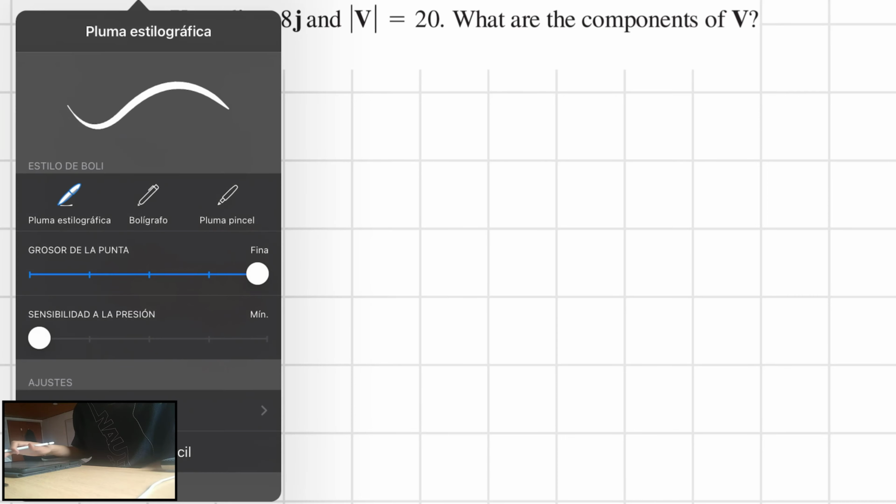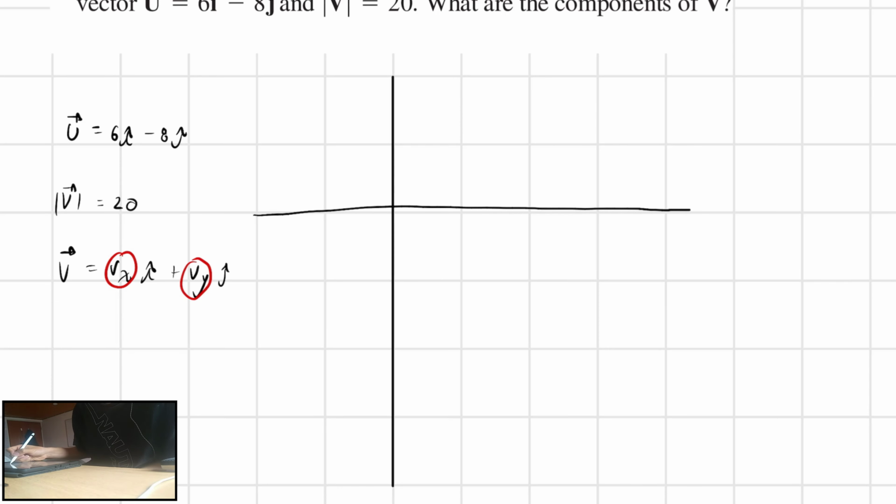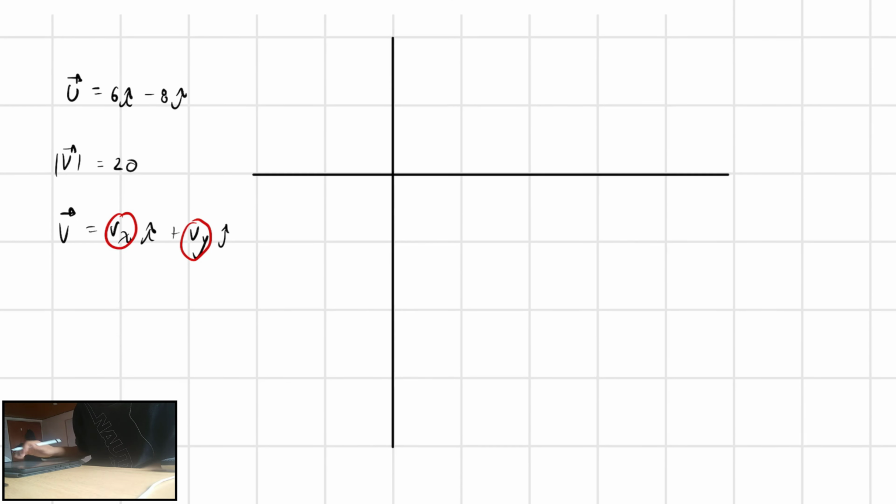Alright, let me put this exercise a little bit more graphically. So right here I have the y-axis and right here I have the x-axis.